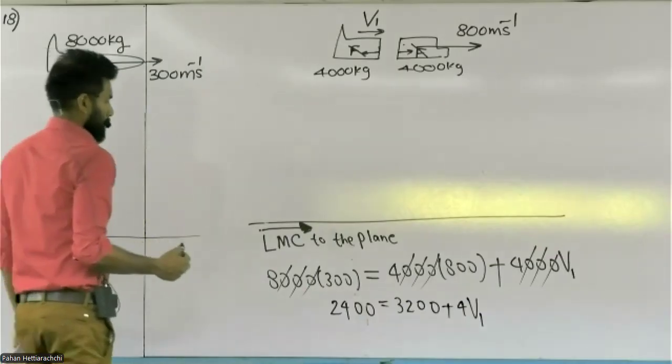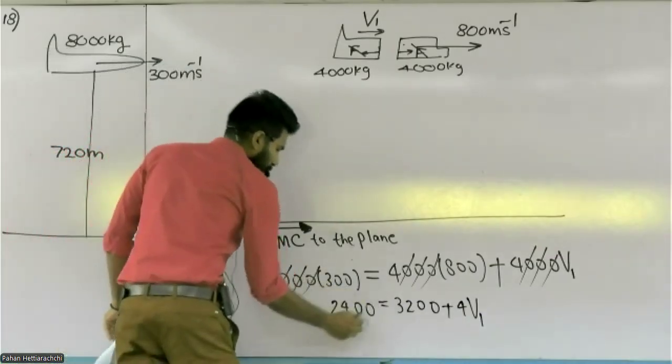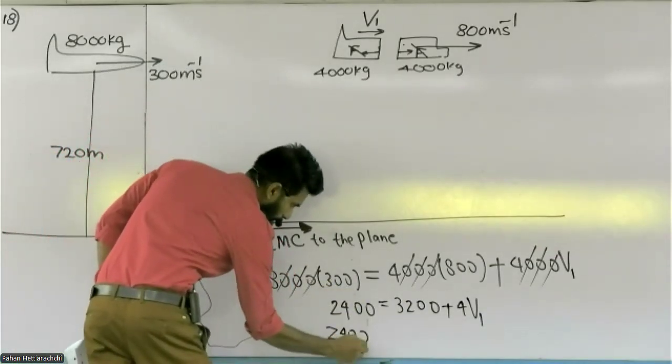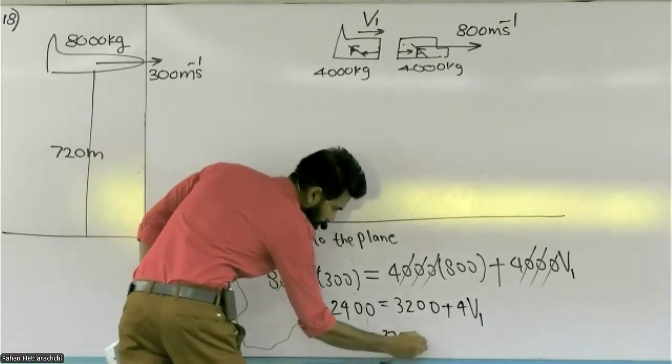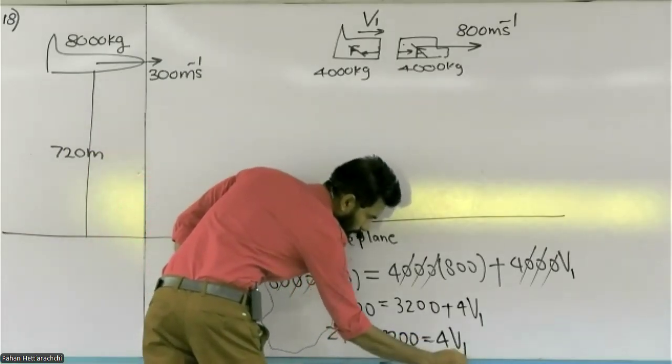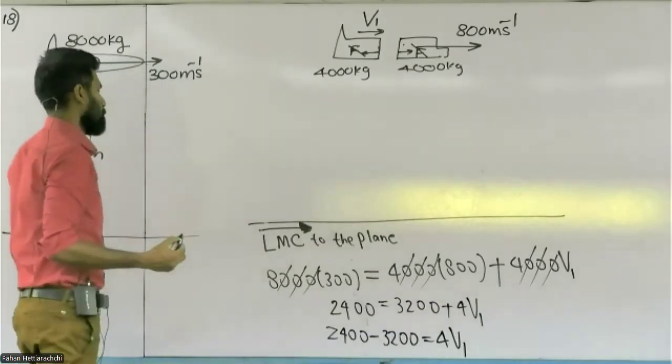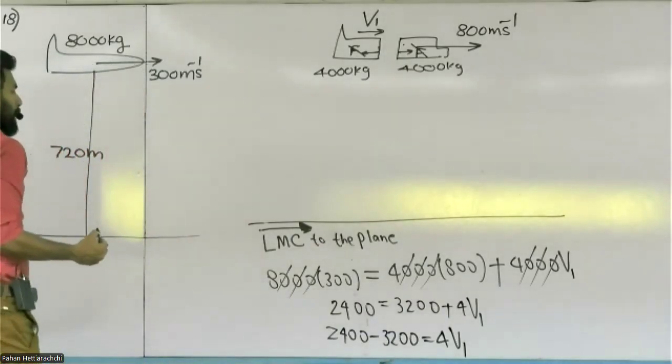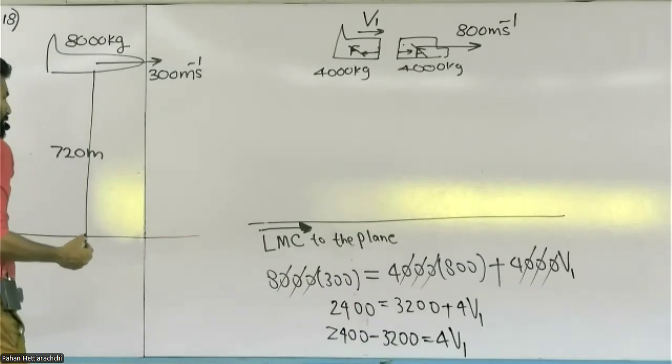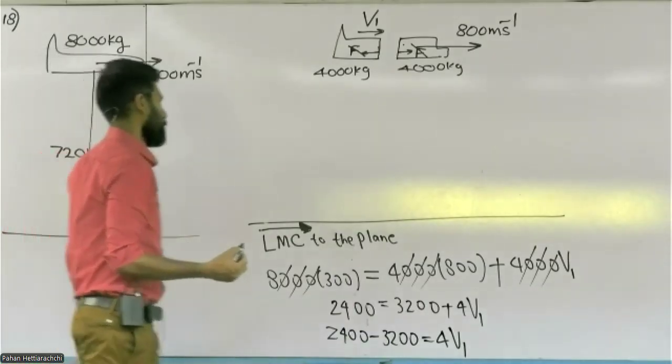Okay, now 2,400 minus 3,200 is equal to 4V1. So minus 800 is equal to 4V1.